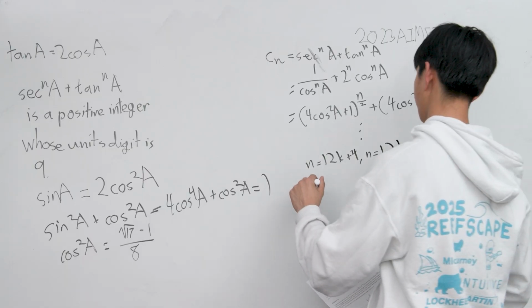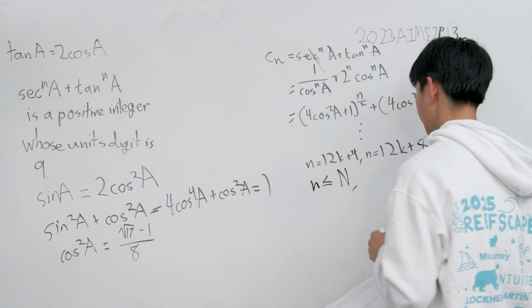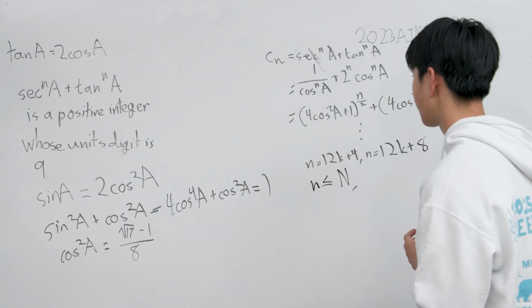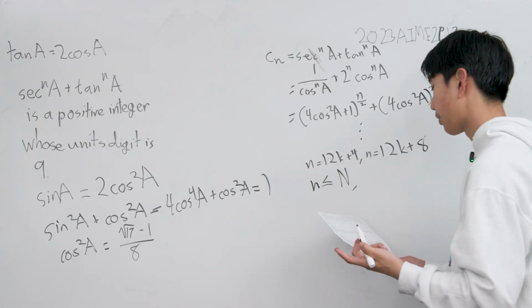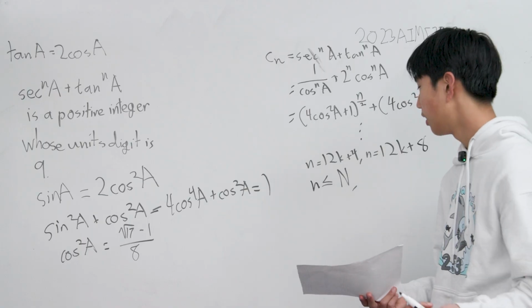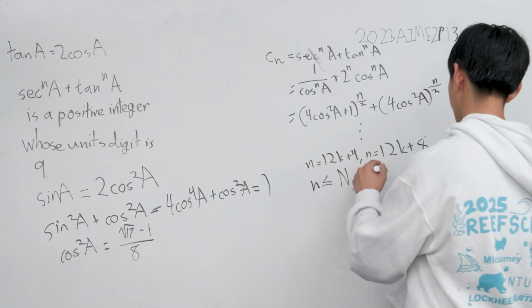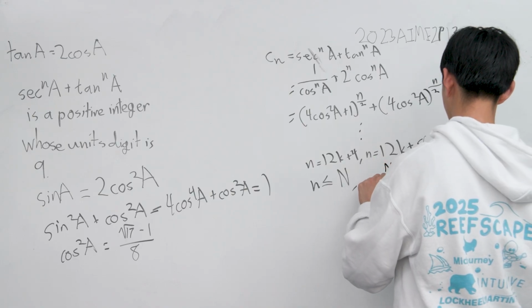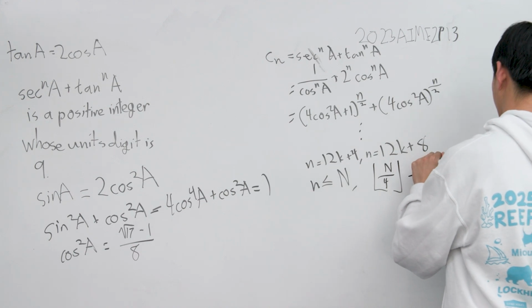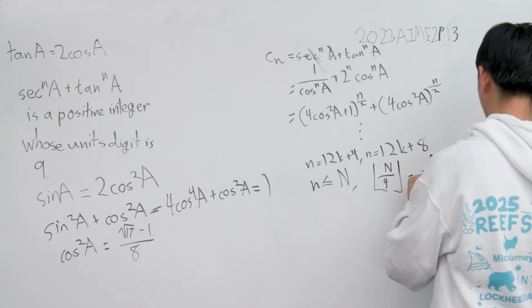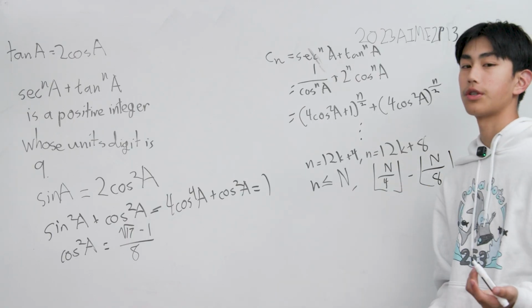And this is assuming that n is, if it's like this, less than or equal to capital N, the total number, then that means that we have this unique property, and the floor of N over 4 minus the floor of N over 8 is going to be our answer.